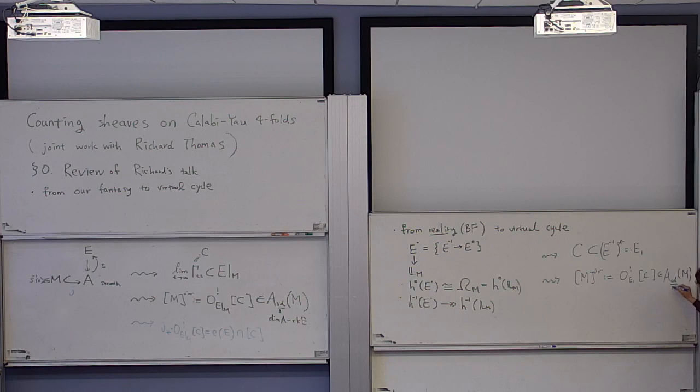Here the virtual dimension is rank of E_0 minus rank of E_1. I should say that this Chow group is some abelian group generated by integral subschemes of M.